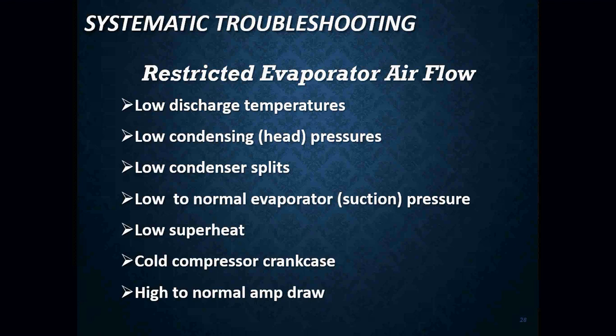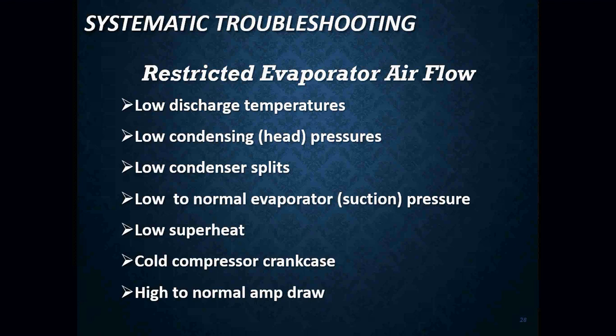The TXV is going to lose control of the temperatures, therefore it's going to reduce your superheat. Liquid flooding will make the compressor cold and cause increase in the amperages on the compressor simply from the liquid slugging or the washed out of the oil on a system.